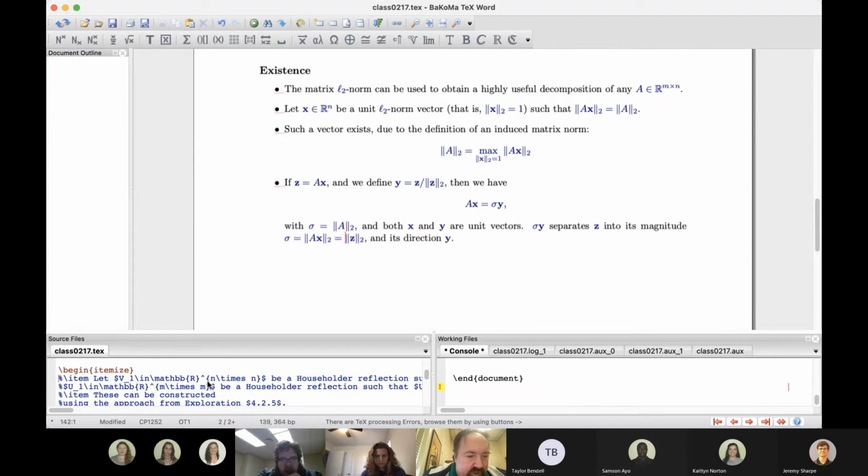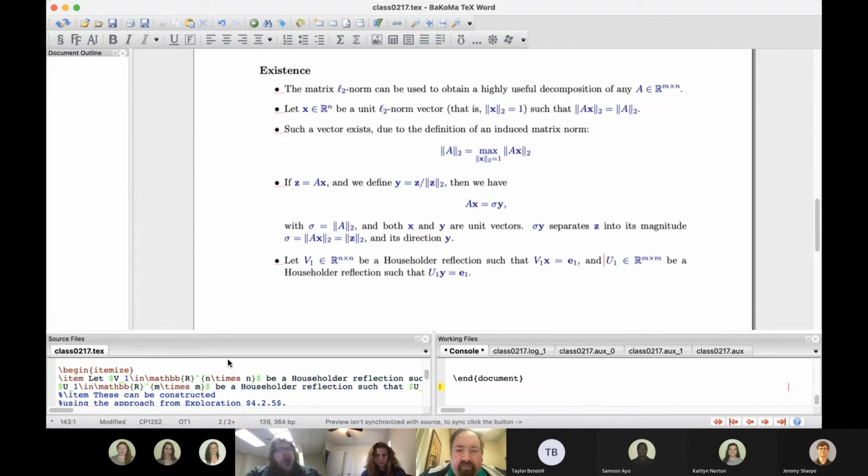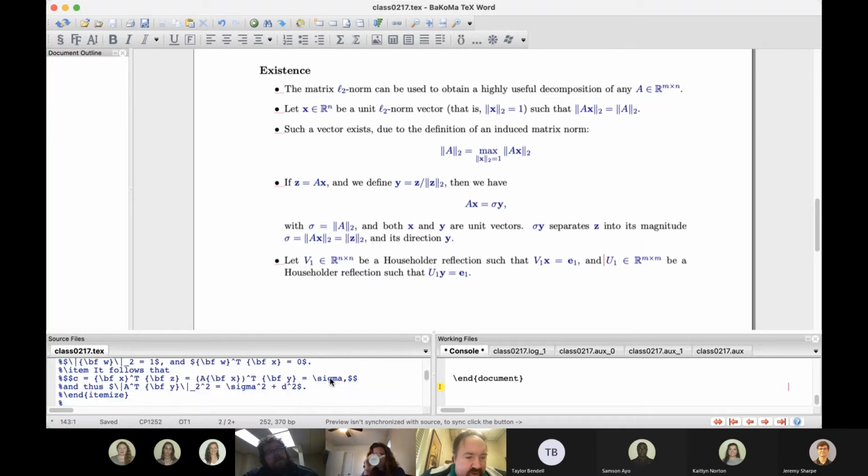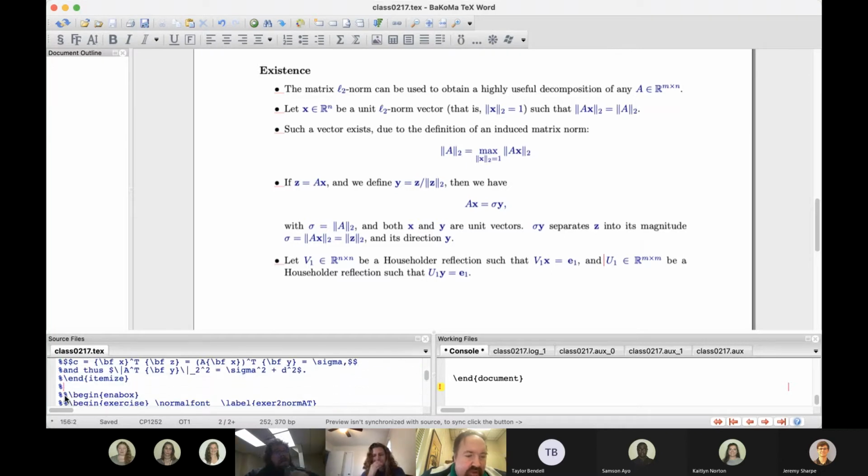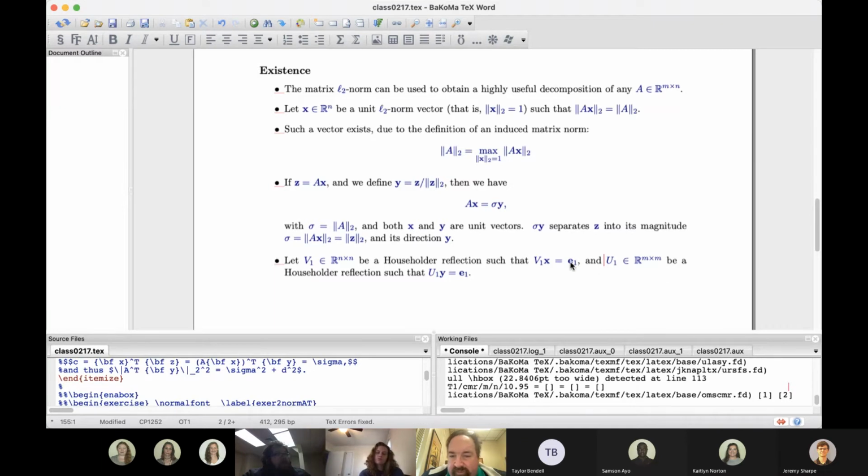Now I'm going to use householder reflections, because I can come up with a householder reflection that will take x and zero out all the entries except the first. This is exactly the same usage of householder that we needed for the QR factorization, because there we're trying to zero out all the entries of a column except for the first one.